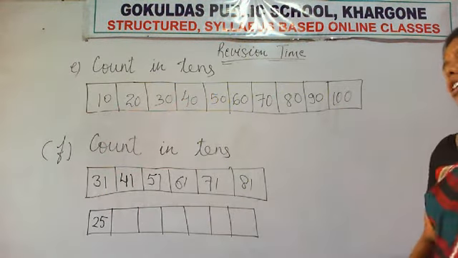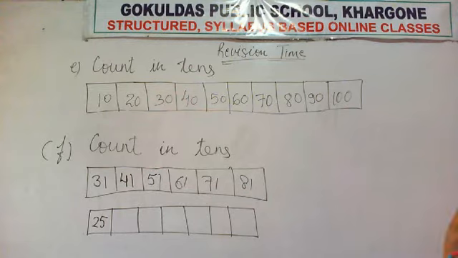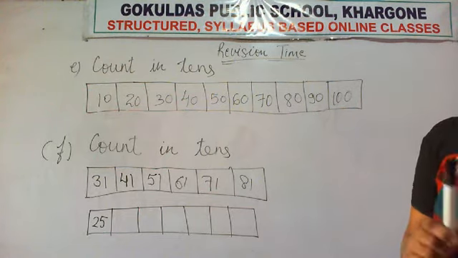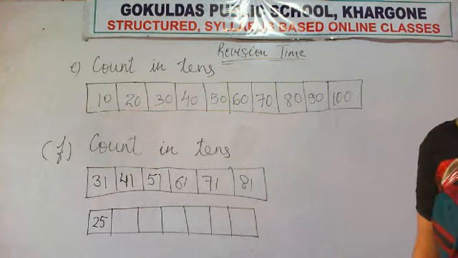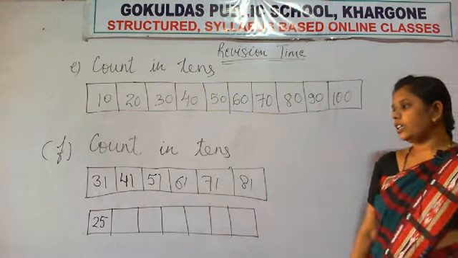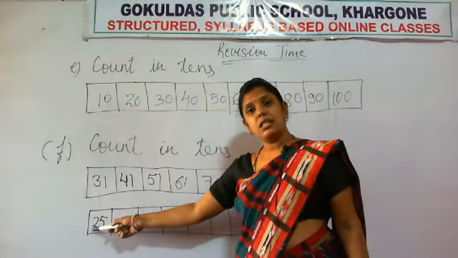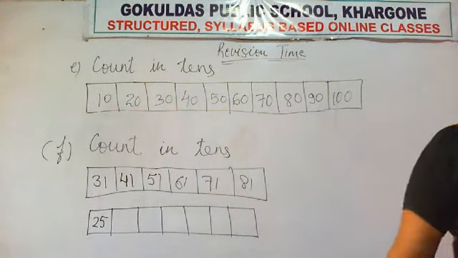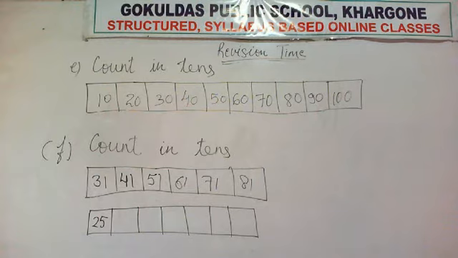Remember, only the tens place digit will be changed and the ones place digit will stay as it is. The 5 will remain the same, only the 2 will keep increasing. Is that clear? Only the tens place digit will change and the ones place digit will stay as it is. So try to solve this question fast.